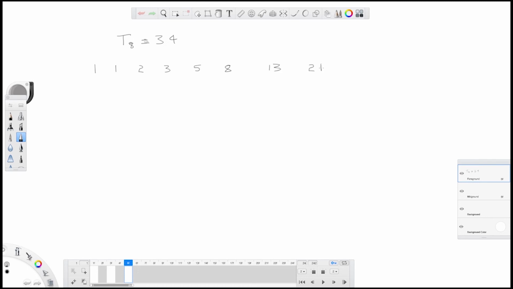This is a Fibonacci series where each number is the sum of previous two numbers. One is the first number, and another one is the second number. And from T2 onwards, everything is a sum of previous two digits. So here T8 is a Fibonacci number for the 8th spot, right? That's the 8th Fibonacci number.